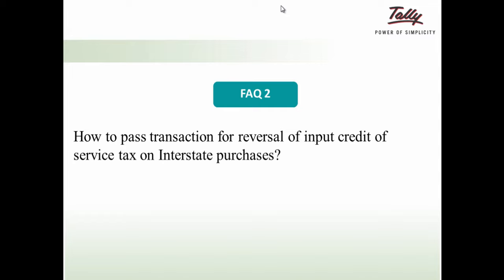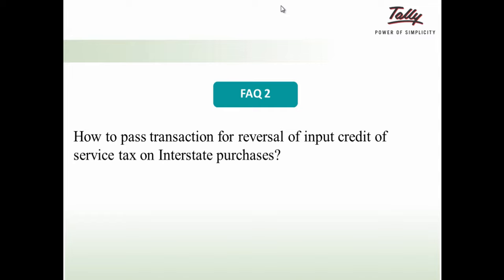Next FAQ: how to pass transaction for reversal of input credit of service tax on interstate purchases. So this is a scenario which will be applicable if the input credit of service tax on purchase is utilized but no bill has been received from the supplier and it has passed 3 months.